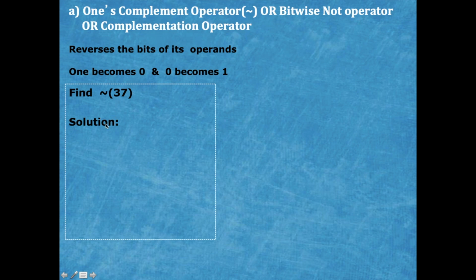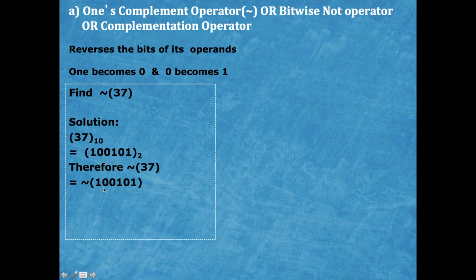You need to convert 37 to binary format. So 37 to the base 10 is equal to 100101 to the base 2. Now to find 1's complement of 37, that is 1's complement of 100101, all you do is reverse the bits.